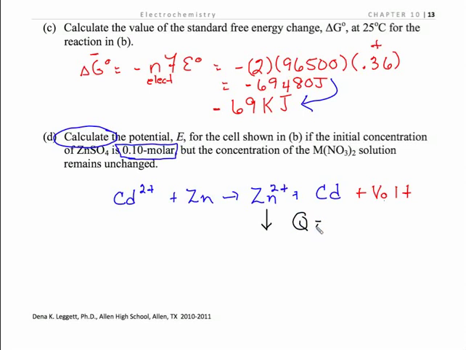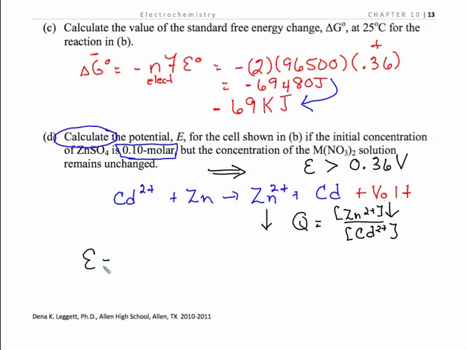So if I decrease my zinc ion concentration, Q is my zinc ion over my cadmium. If I decrease this, my Q's too small, and I need to shift to make more products to make it larger. So my voltage should be higher than the 0.36. So I expect my E to be greater than 0.36 volts based on Le Chatelier's principle.